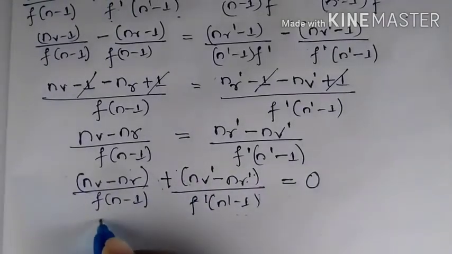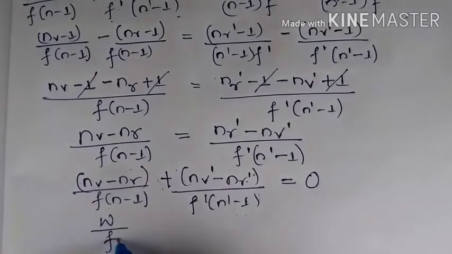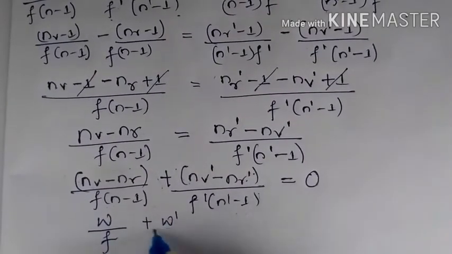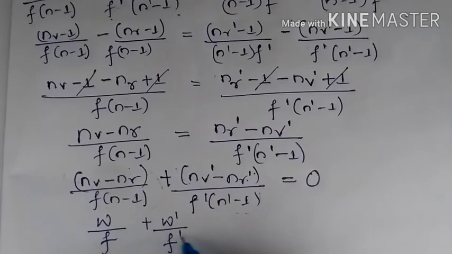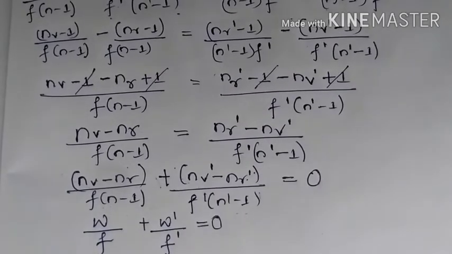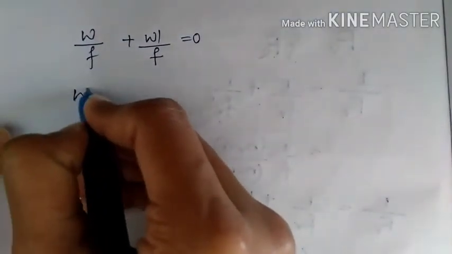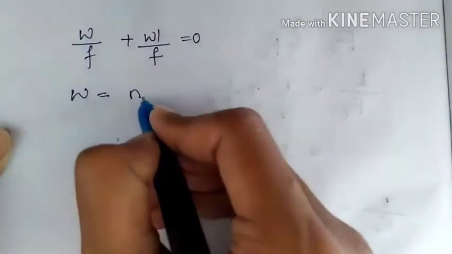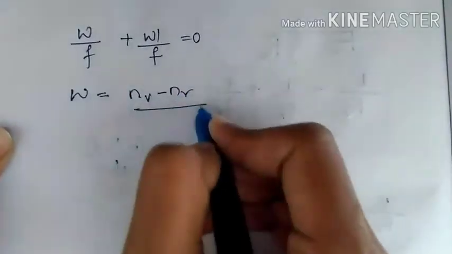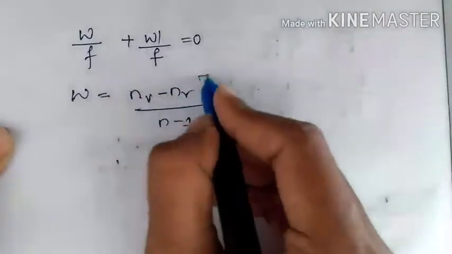So this equation can be written as omega by F plus omega prime by F prime, which is equal to 0. Here omega is the dispersive power of the convex lens and omega prime is the dispersive power of the concave lens. So from the equation, omega will be what? Omega is equal to (nV minus nR) divided by (n minus 1).